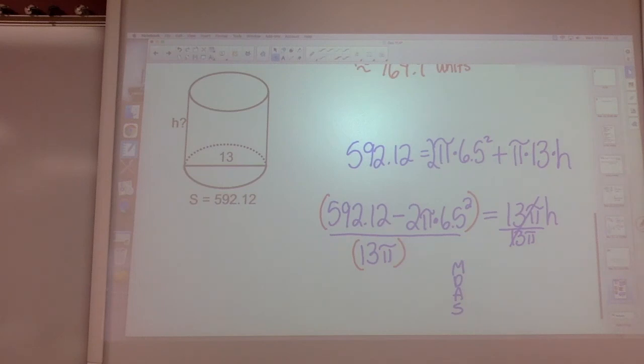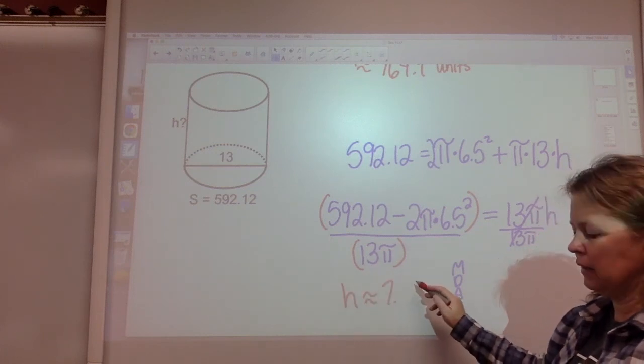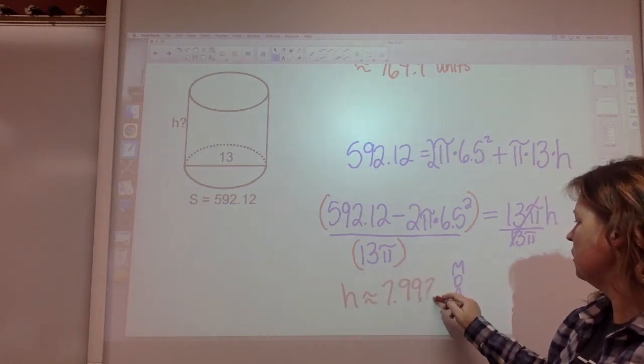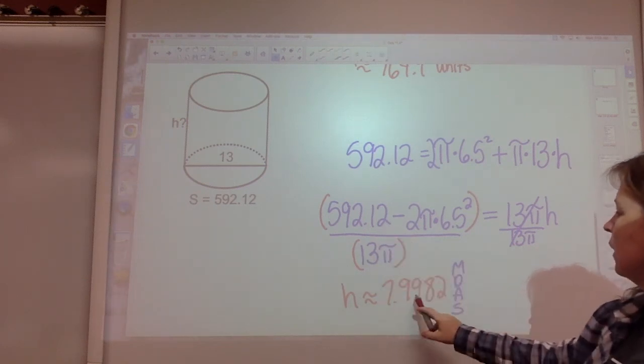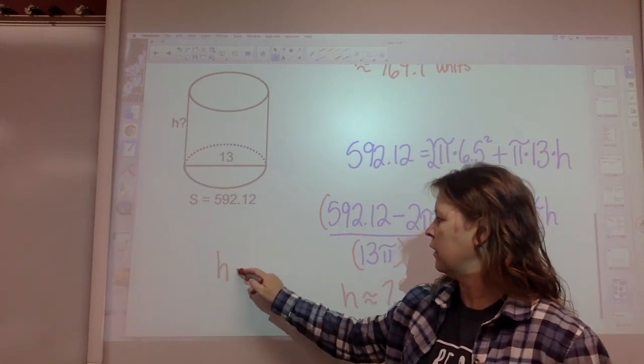Parentheses, 592.12 minus 2 times pi times 6.5 squared, parentheses, divided by, parentheses, 13 pi, parentheses, equals. Height is approximately, if you look at it, 7.9982, which because this was rounded, you know that probably was supposed to be height of 8.